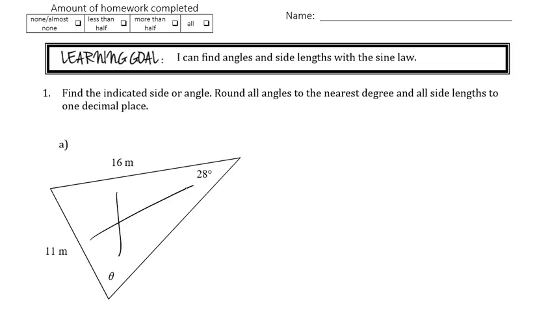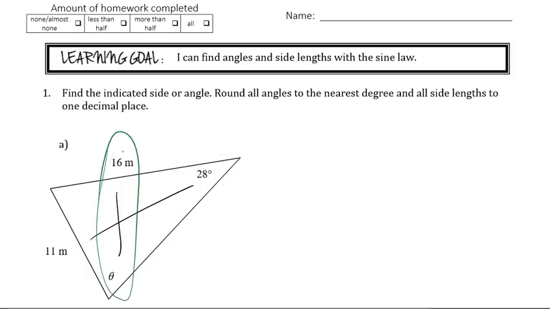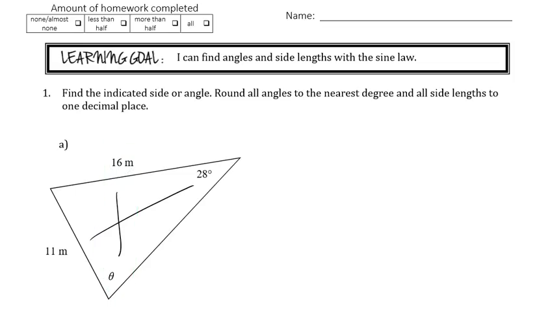In this case, I have one pair that is across from each other, which tells me I'm using sine law. And then I'm asked for something right across from the other piece of information that I'm given. So this is a straightforward sine law question. I'm looking for an angle, so I'm going to use this version.